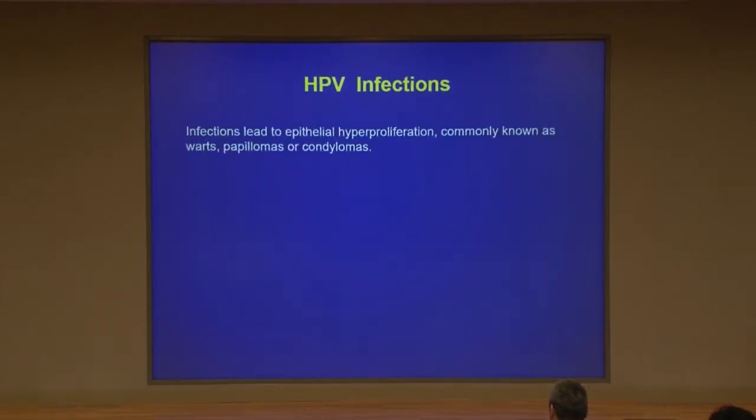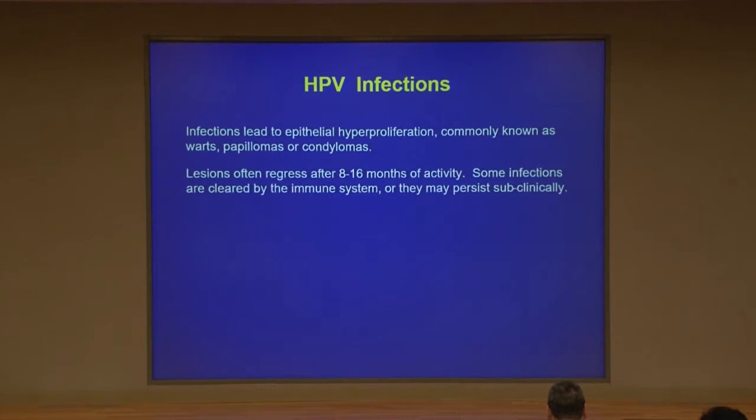And the infection, what is the outcome? It's just epithelial hyperproliferation, so you have a wart. The wart is sometimes called papilloma, and sometimes called condyloma. Then we usually have very good immune systems, so the wart will persist for maybe half a year to a year and a half, and then usually goes away.